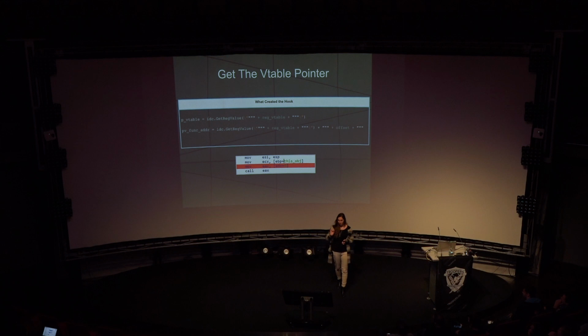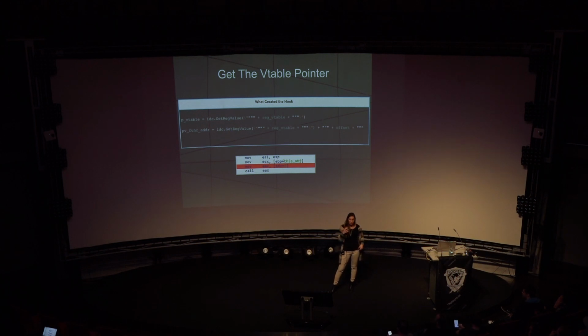One thing that I'm going to mention, you see here, this code that I wrote is IDA Python that creates IDA Python. This is why it looks a little weird. I just had variables with the register Vtable, in this case EDX. It's from a previous code that I've written. And this part is only the hook itself.